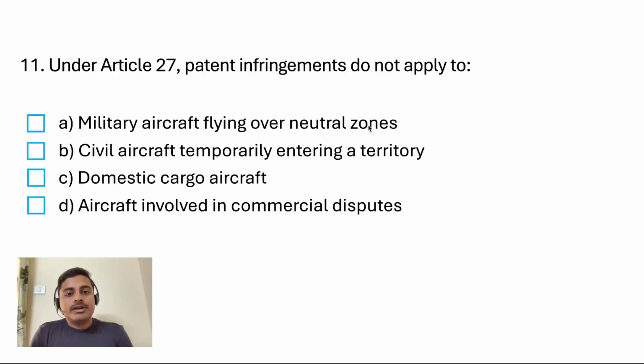So Article 27 is the one which protects that aircraft from these types of infringements. So the country will not be able to seize that aircraft because of these patent infringements. So the correct option is option B, civil aircraft temporarily entering a territory. So the aircraft enters the country temporarily. That is why the patent infringements are not applicable on that aircraft.